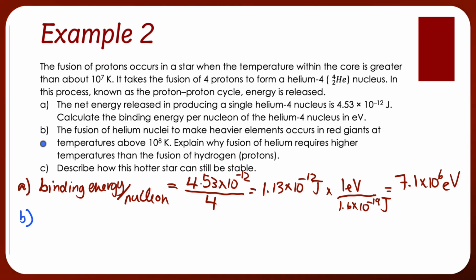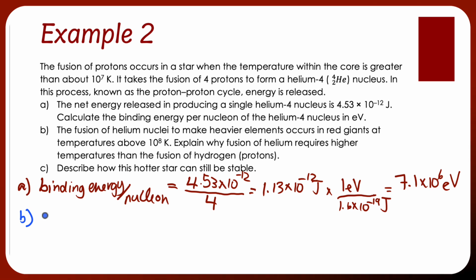Part B. The fusion of the helium nuclei to make heavier elements occurs in the red giants, above the value 10 to the power 8. Explain why fusion of helium requires higher temperatures than the fusion of hydrogen. Well, if you remember why we needed to have that high temperature, we needed to have high amounts of kinetic energy to overcome the Coulomb force, the electrostatic force of repulsion.